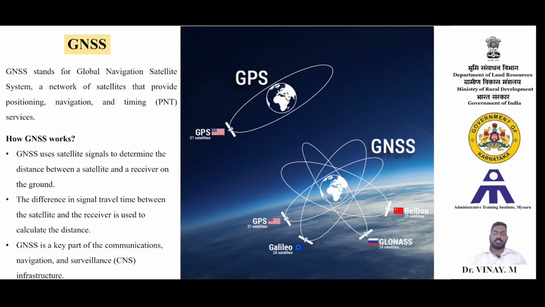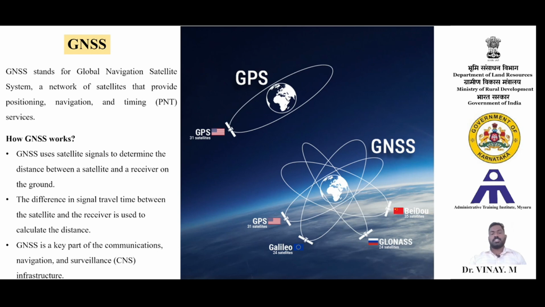We also call these last mile connectivity applications, where GPS is helpful for accessing the location of any user. So how does this particular GNSS work?